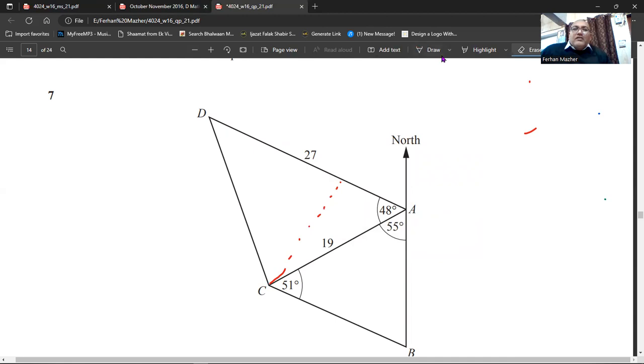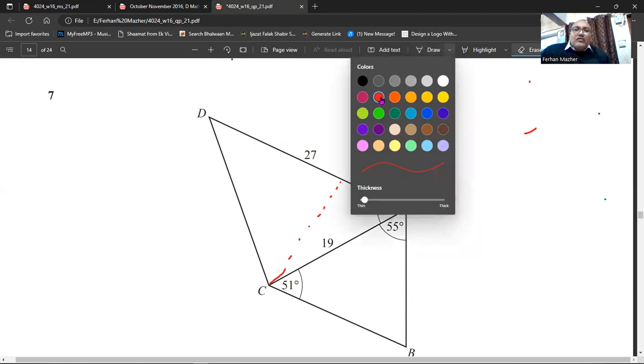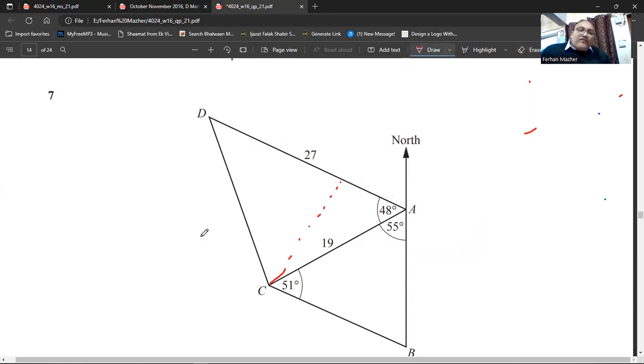So from here, a line. Here you see, I've drawn a line from C onto this route DA.